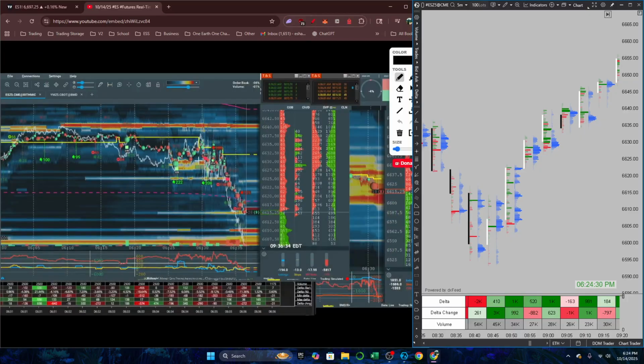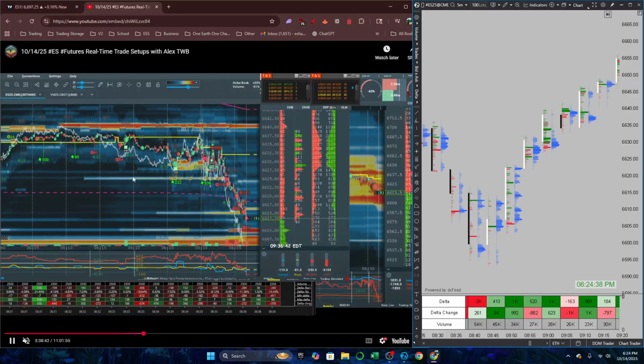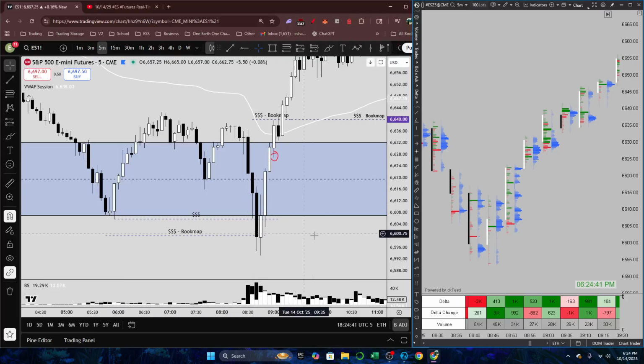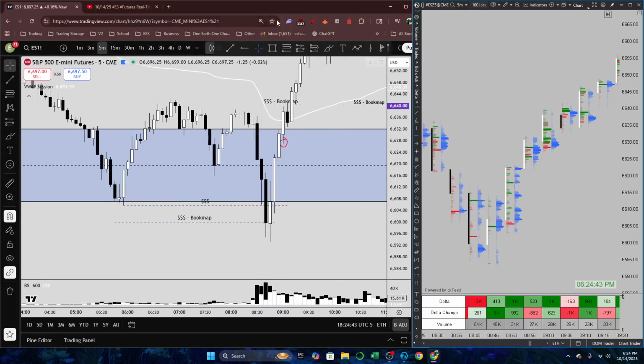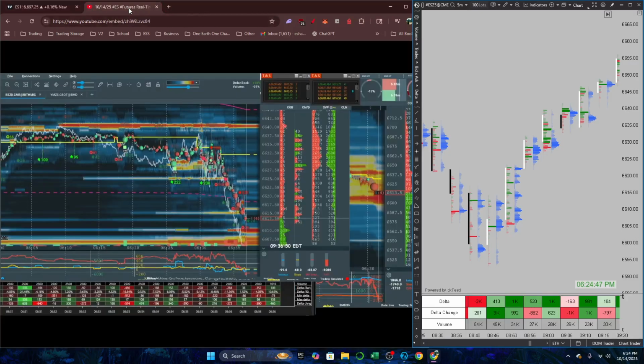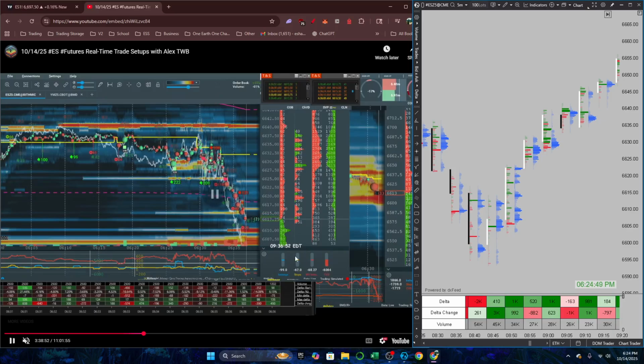We break one level after another. Now we're down at these 6610 levels and this 6607 level. Our lows are actually at 6605, around 6606, so around that general region, right?